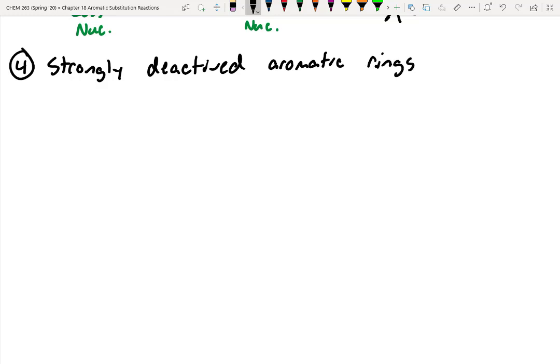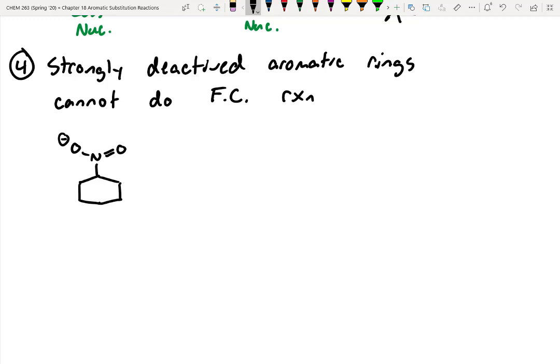So strongly deactivated aromatic rings cannot do a Friedel-Crafts reaction. So I'll show you what I mean by that. Over here, I've got nitrobenzene, which we saw we can make from benzene using concentrated nitric acid and sulfuric acid.